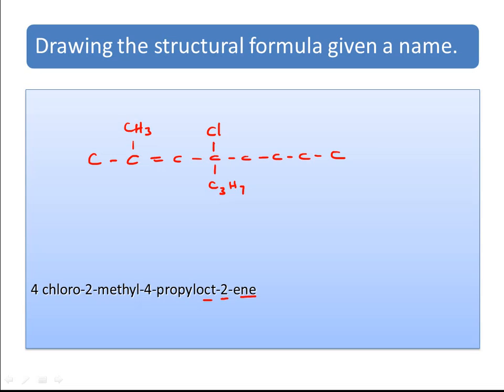Okay, now I need to complete the rest of the structure by adding the hydrogen atoms. This one needs 1 more because it has got 3 already. This one needs 2. This one requires 2. This one will require 2 as well. This one will require 3. That completes this part.